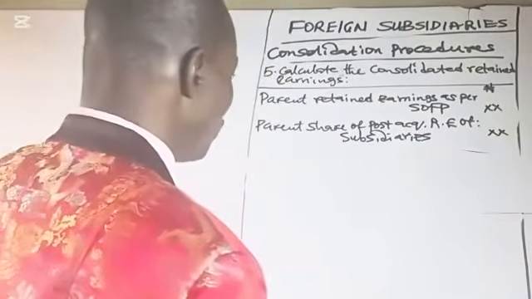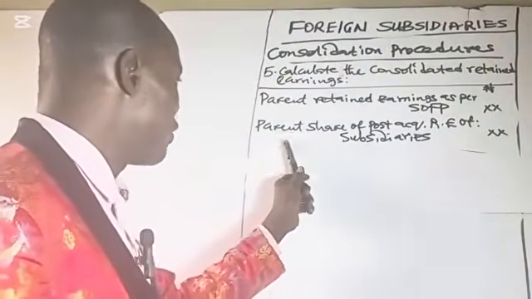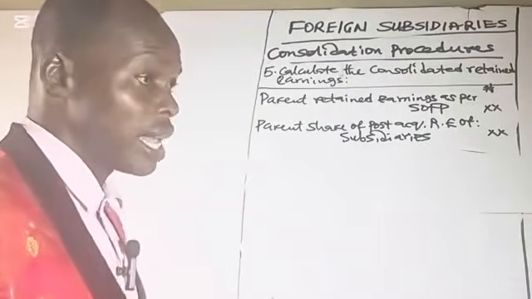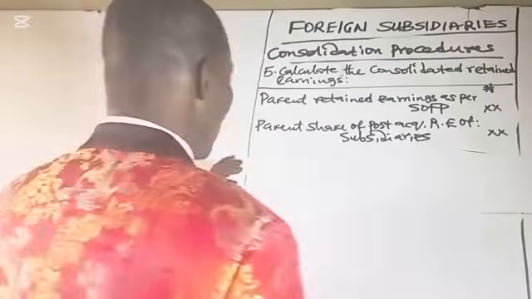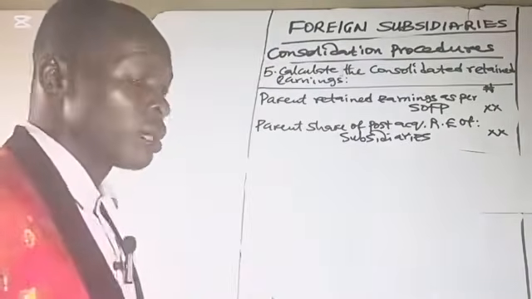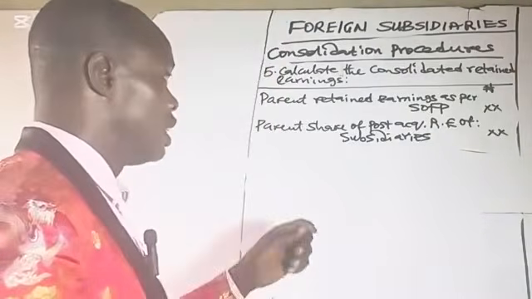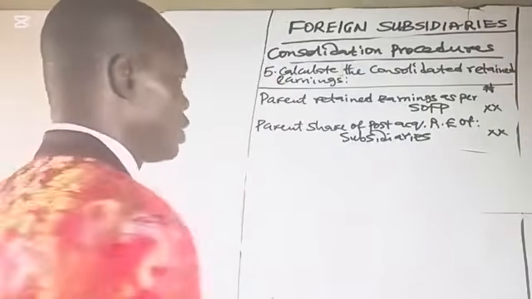So I believe you know how to calculate the post-acquisition profit of the non-foreign subsidiary, which will be done through the summary of subsidiary net assets. I'm not repeating that here because I believe you are already used to it. But the question I will solve in this video will contain the non-foreign subsidiaries and the foreign subsidiaries.